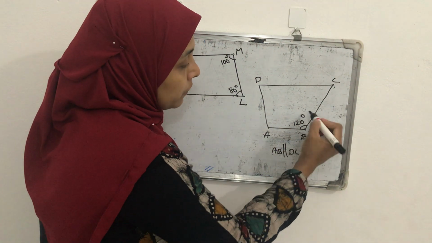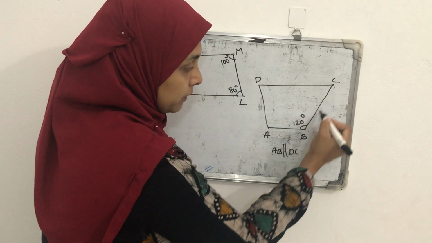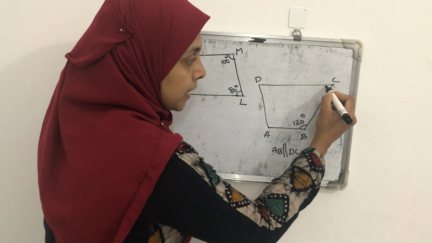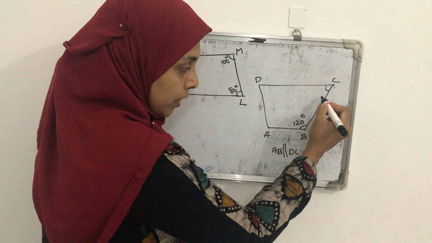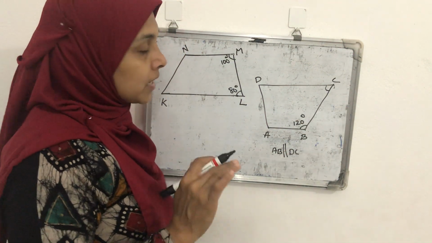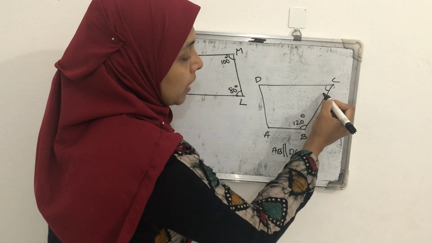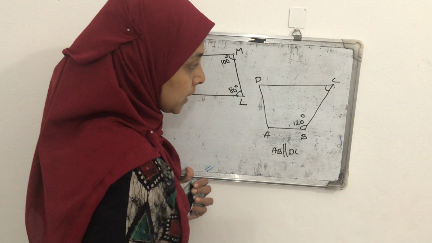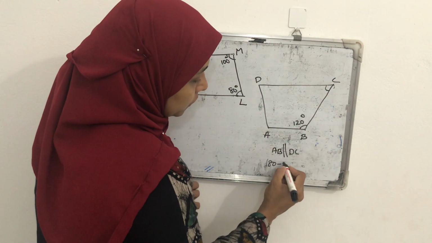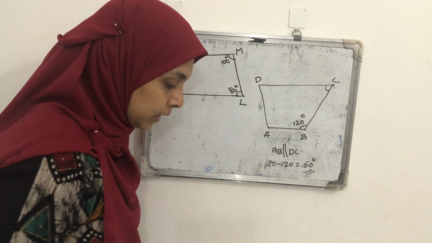What will be the sum of these two angles? Angle C plus 120 degrees will be 180 degrees, they are supplementary. So angle C will be 180 minus 120, that is equal to 60 degrees.